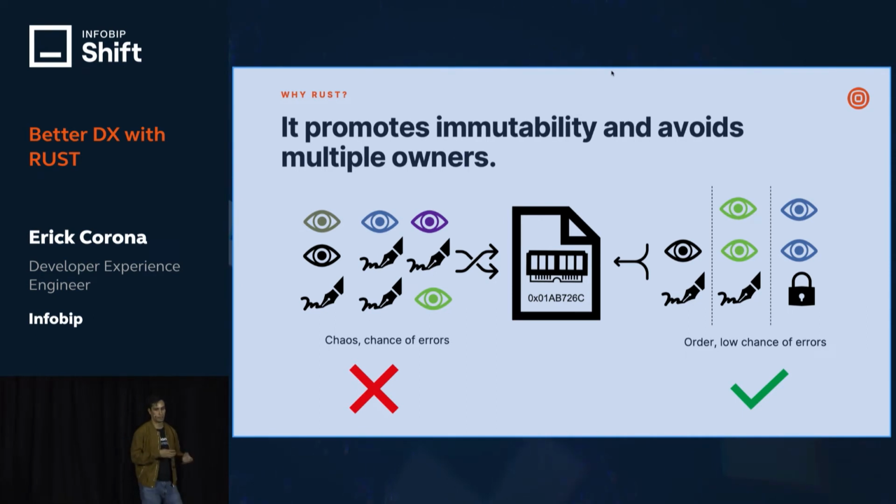So you can't have a lot of side effects. Basically, it gives you more control over references, so that you can have only one writer and one reader, or maybe one writer and multiple readers, but it's much safer. And also you can have immutability, so once you set data, it doesn't change, and you avoid side effects.